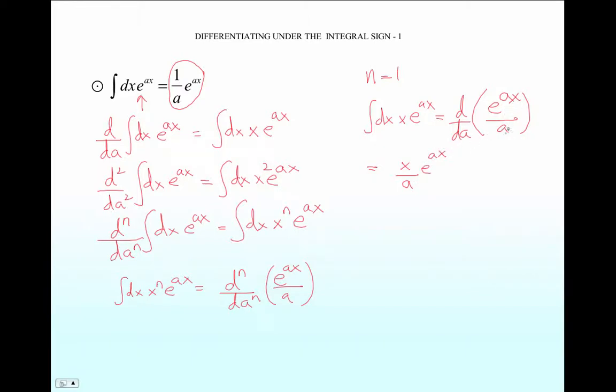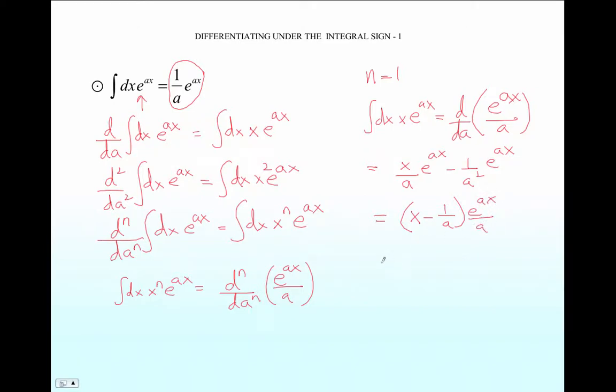And then we need to differentiate the 1 over a, so that gives minus 1 over a squared e to the ax. And we can just simplify this a little bit by writing it as x minus 1 over a, times e to the ax over a.